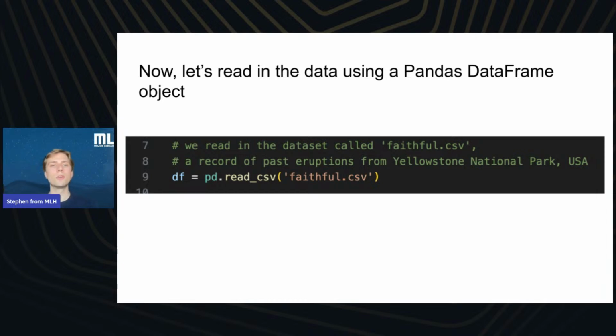So first, we're going to read in the data using a pandas data frame object. And this is where we read in the data set called faithful.csv, which is the one that we have on our local machine. It's all that machine learning data that we're going to use. And we use the pandas library to read that in. So we use pd.read_csv and then the path to the CSV file.